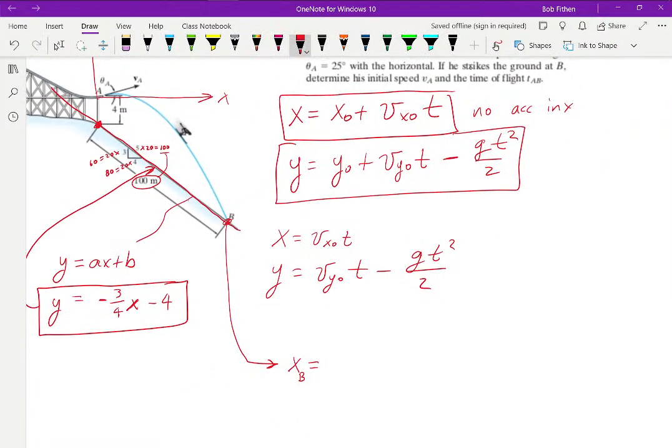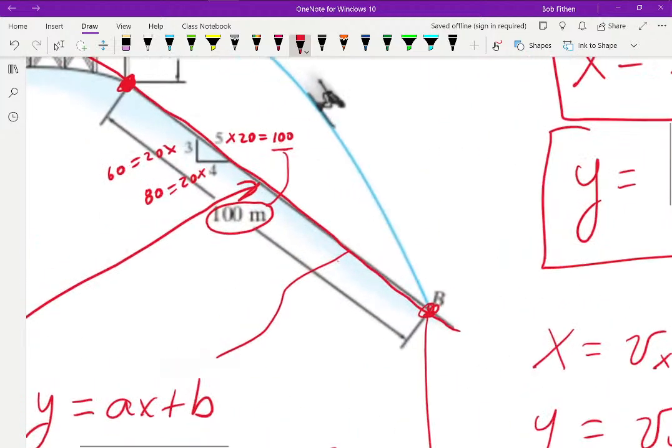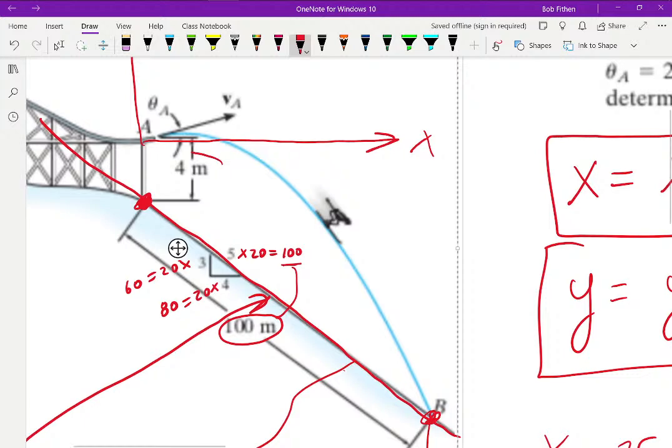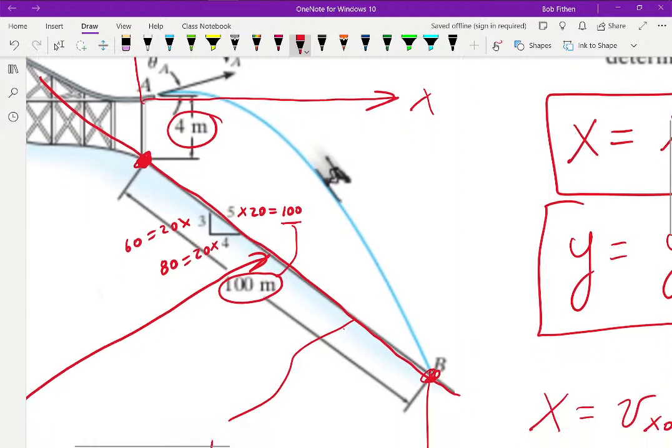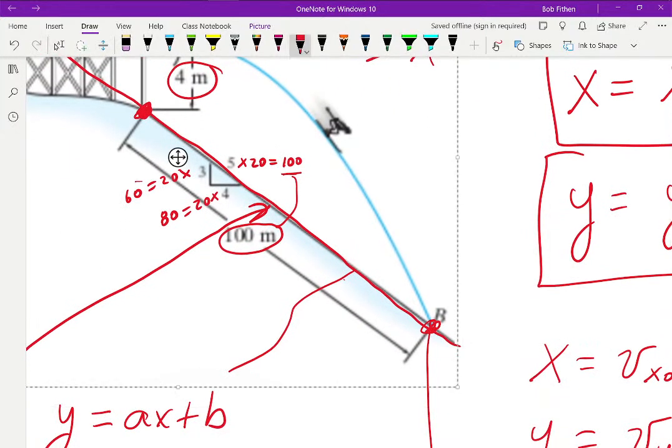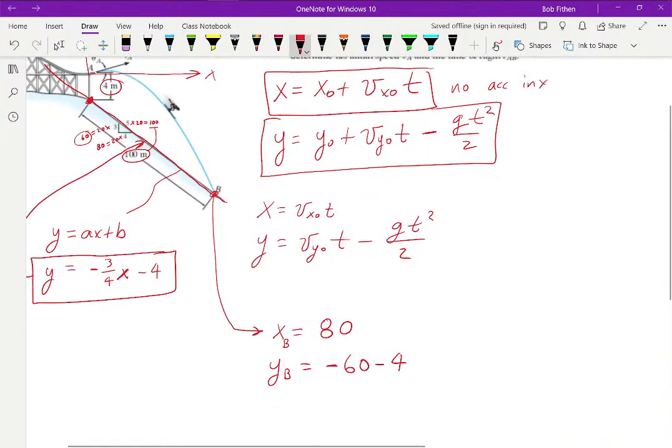So x would be 80, yb would be minus 60 minus the 4. You got this, and then you move down 60, which is minus 64.